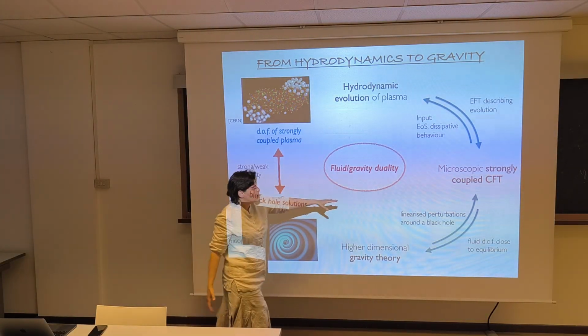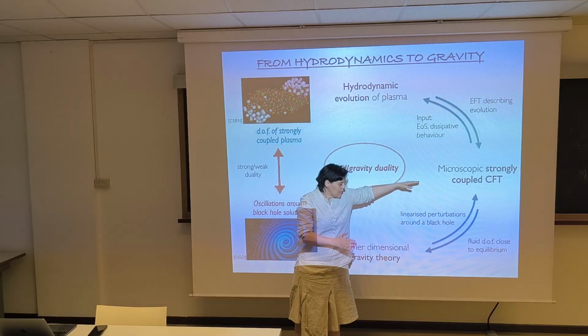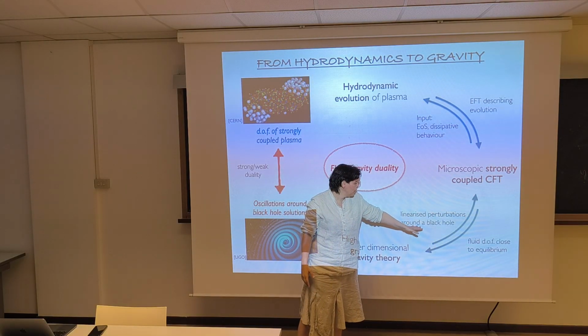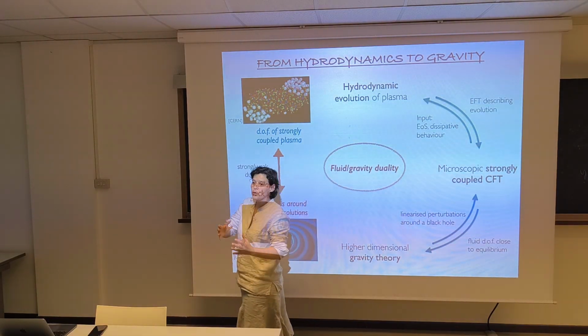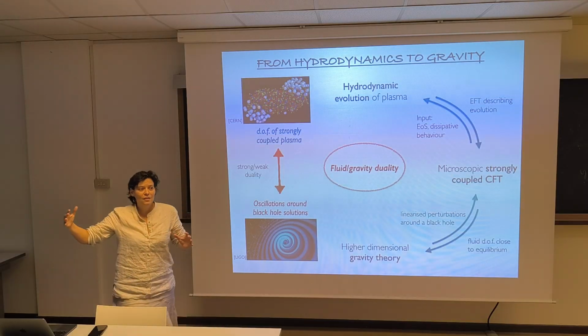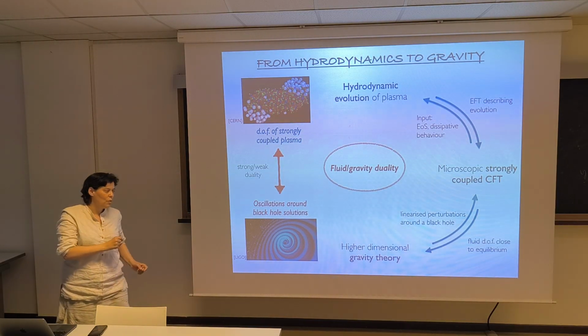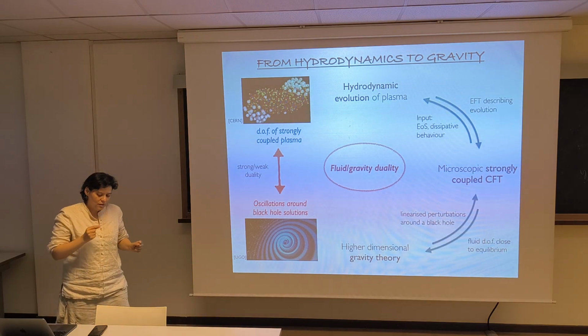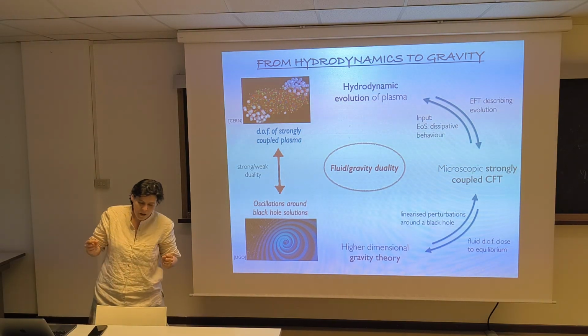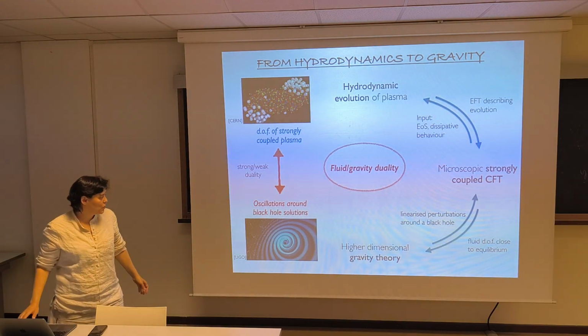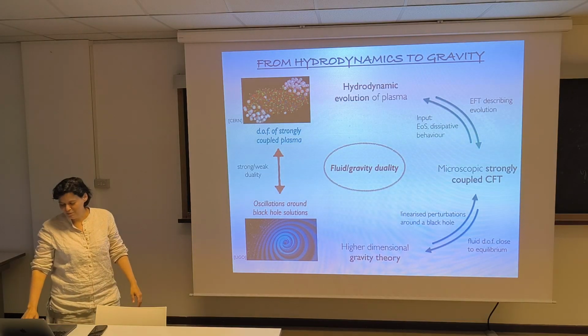And basically the idea is that beyond the hydrodynamic case, the linearized perturbations around some black hole solution give you these dissipative terms. And then if you're even more careful, you can see that the non-hydrodynamic degrees of freedom are directly related to the quasi-normal modes. And that's basically the link.